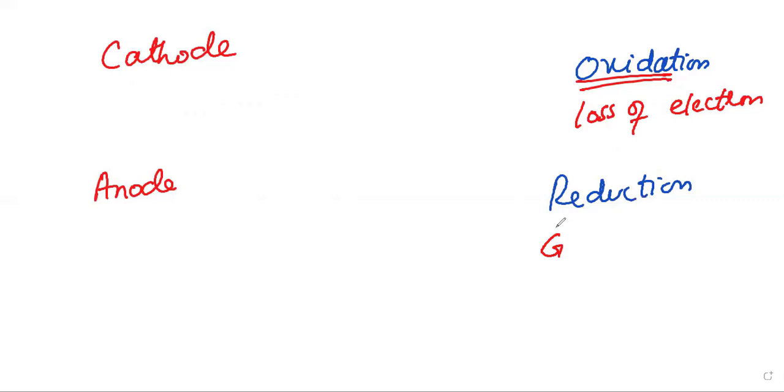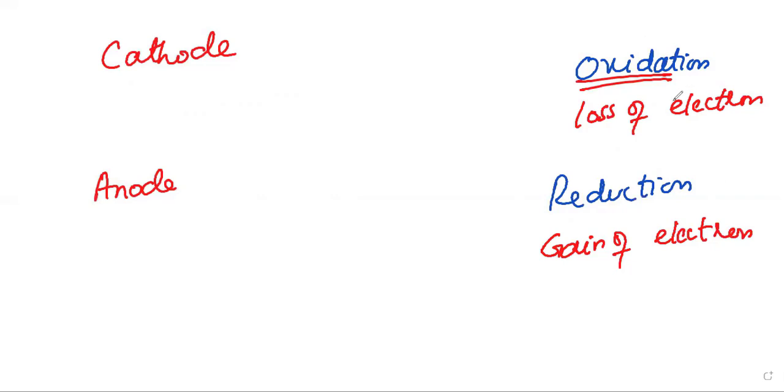But we will focus on electrons because in electrochemistry we just have to deal with gain of electrons and loss of electrons. And reduction is gain of electrons. These are oxidation and reduction.